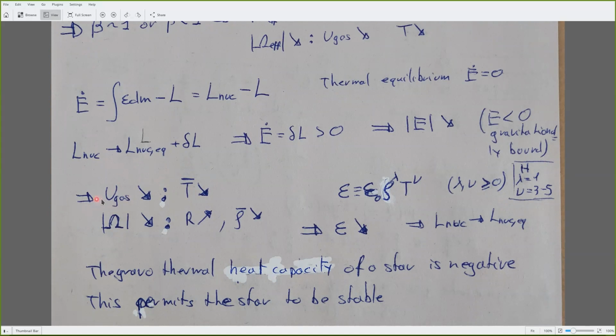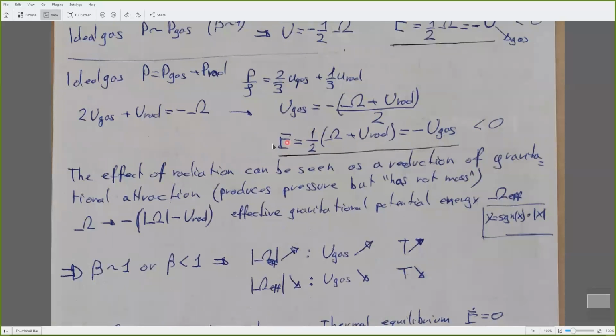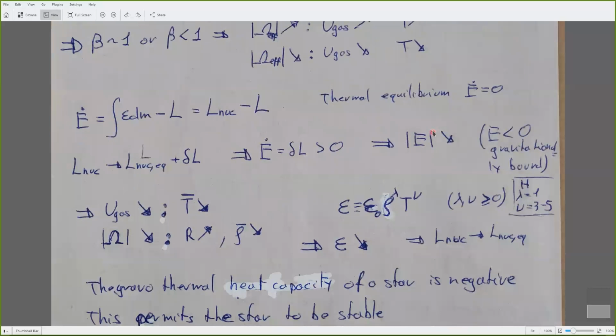Then, consequently, the internal energy of the gas will decrease because, as we saw before, it's just a change of sign, but the absolute value of the two is equal. So if the total energy in absolute value decreases, the internal energy will also decrease. That means the temperature will decrease, and the absolute value of the potential will decrease.